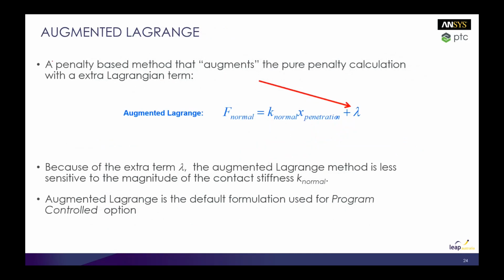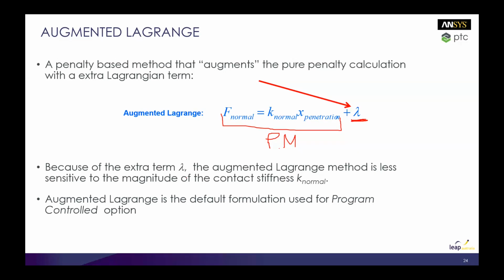Okay, so another contact formulation is what we call the Augmented Lagrange method. Here, this is basically the penalty method, PM for short, and then there's an additional term we add. It's basically an additional force that's there to reduce the penetration.